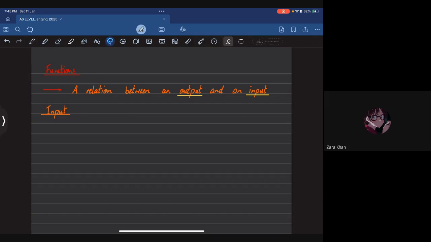All right, some sort of formula or equation which is going to give you results. In a mathematical function, the inputs are usually values. Your input is your domain. It's known as the domain of your function.